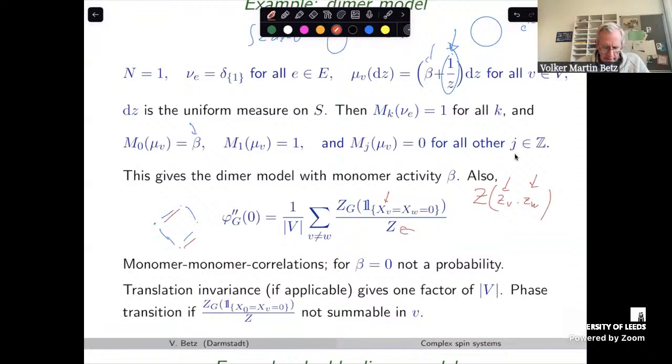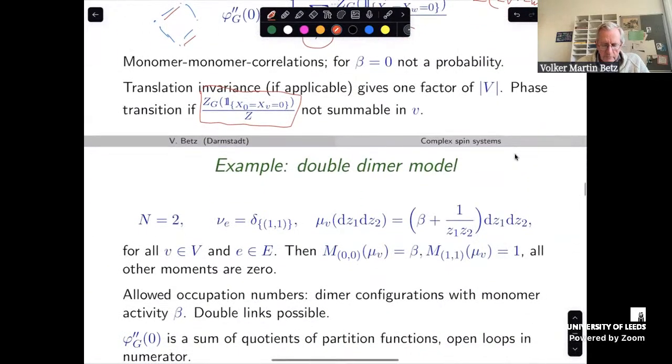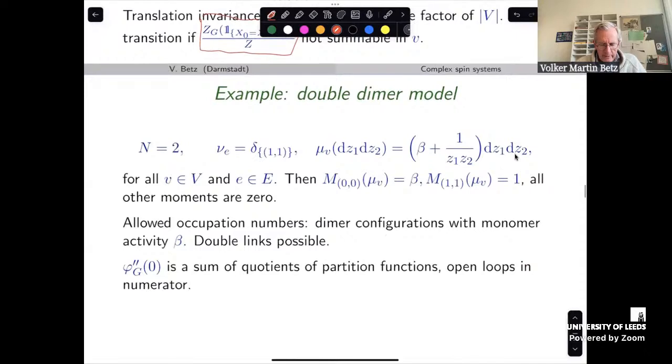And now, if your graph is translation invariant, then you have a double sum here over v and w. You can replace it by a single sum by translation invariance, and then you get this expression which is just the quotient of something with monomers and without monomers. So that's the monomer.